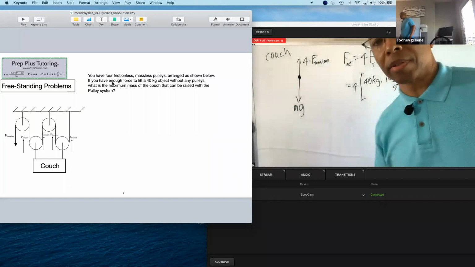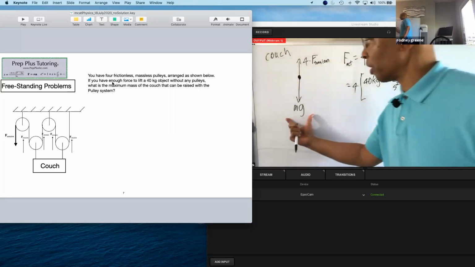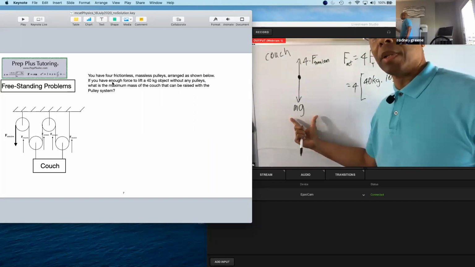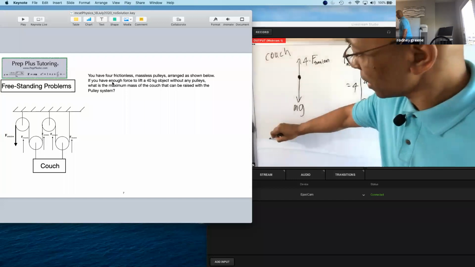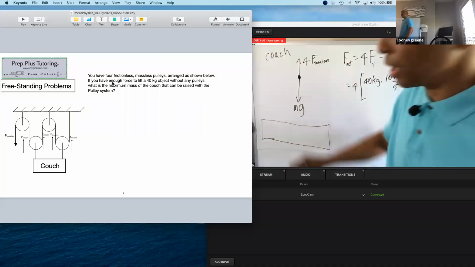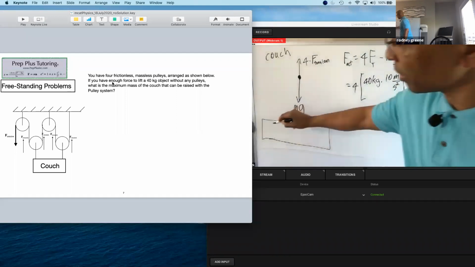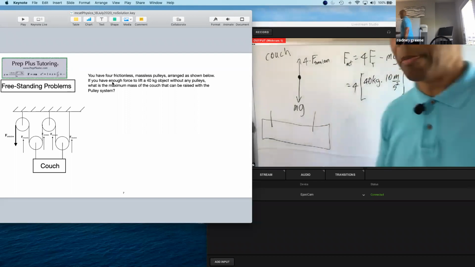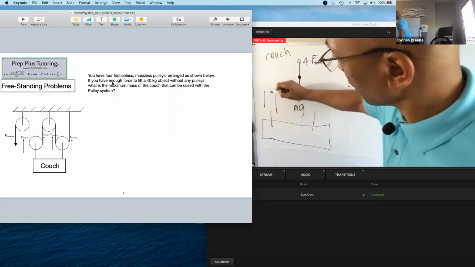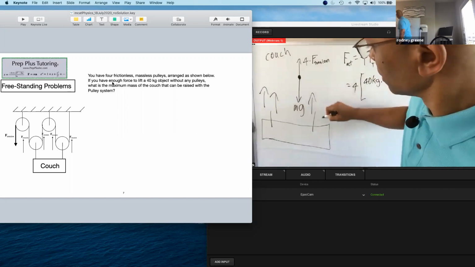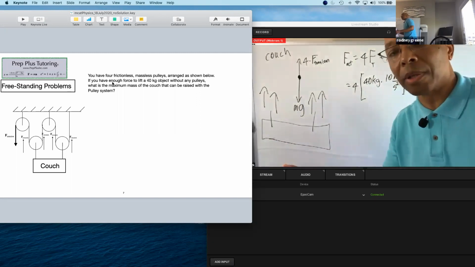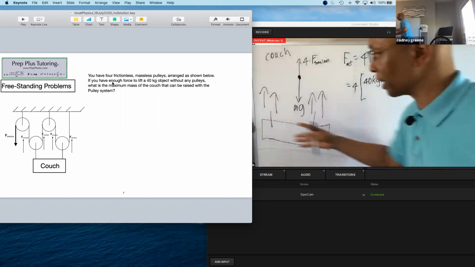That is correct. When you draw the free body diagram, the couch is a three-dimensional object. And in this problem, there are two attachment points on the couch for the rope. But at each attachment point, there are effectively two tensions pulling up on the couch. Don't get freaked out by attachment points being all over the place.